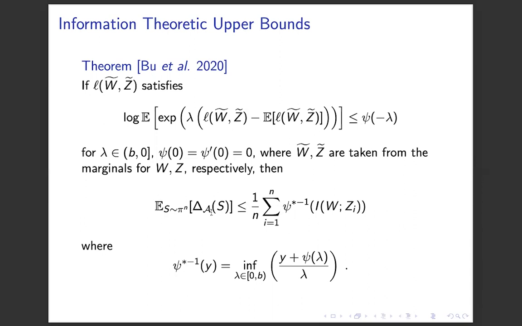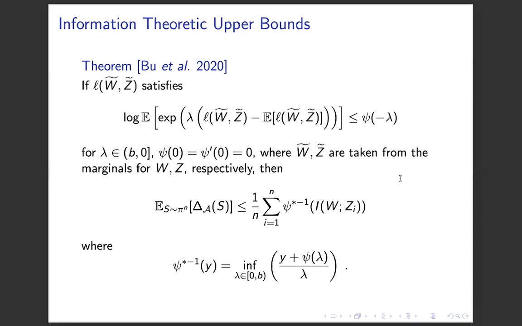The expected generalization error is upper bounded by the average over the n samples of the function psi star inverse applied to the mutual information between our trained weights and each of the individual training samples. This psi star inverse function is the inverse of the Legendre dual of psi, where psi is the upper bound on our cumulant generating function.